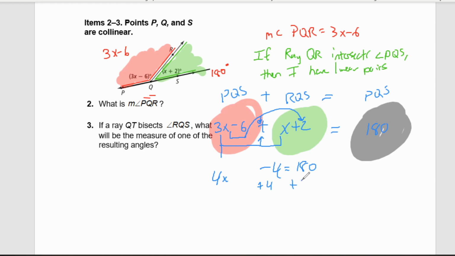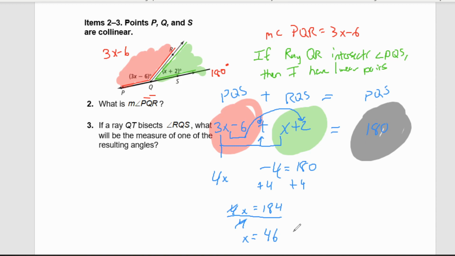I'm going to go ahead and add 4 to both sides. This gives me 4x is equal to 184. And when I divide both sides by 4, I'll get x equals, because those will cancel, 184 divided by 4 is 46. So I know x is 46.